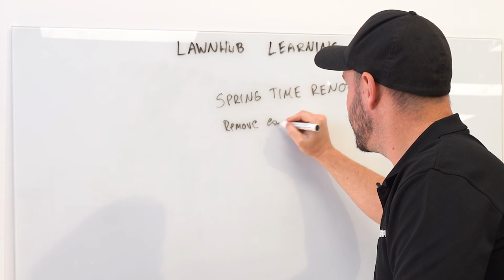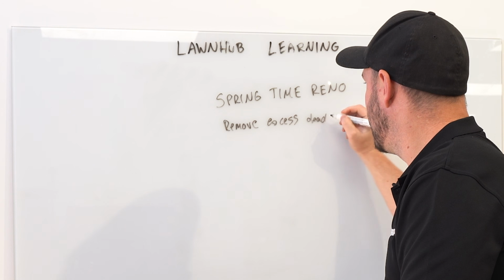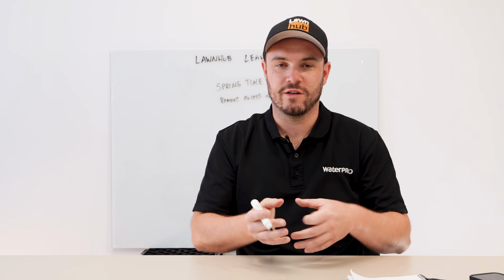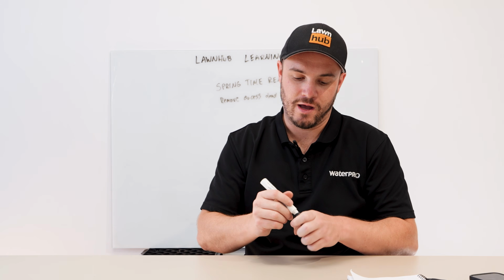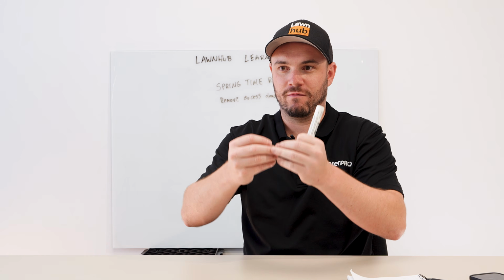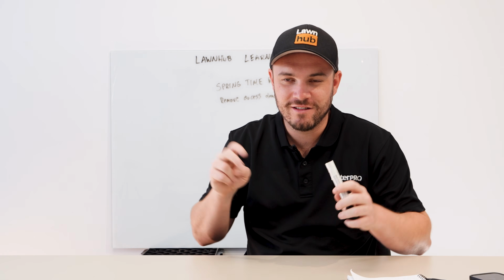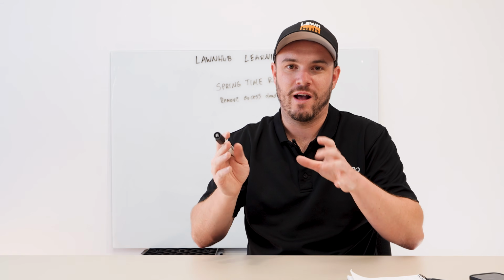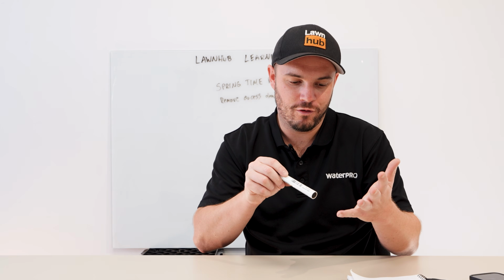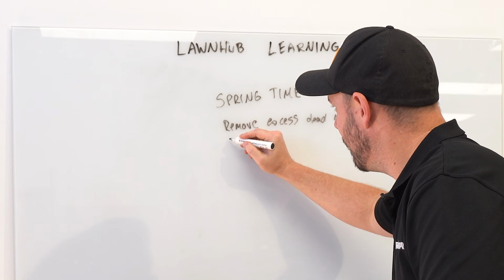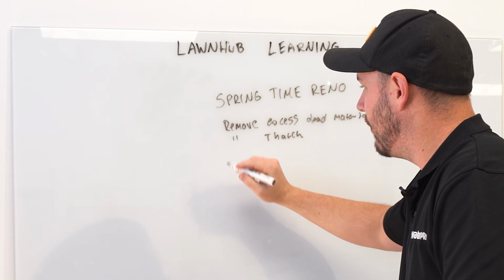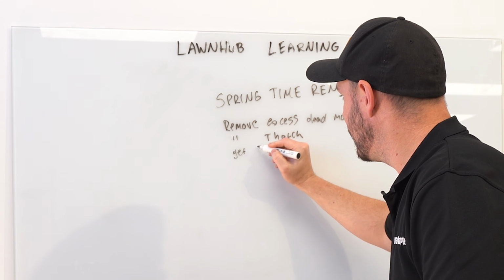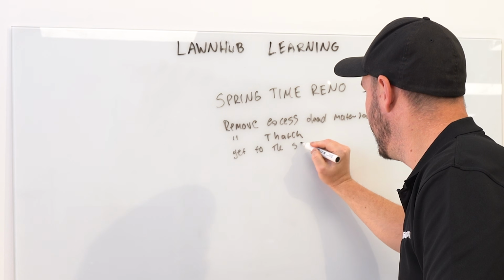Remove excess dead material. So these are things like, if you've got a warm season grass like kikuyu, buffalo or couch, when the stolons and everything sort of shed their skin, I suppose in snake terms, they get stuck in that thatch layer and around the soil. So remove excess dead material, remove thatch, and also it allows you to get to the soil.